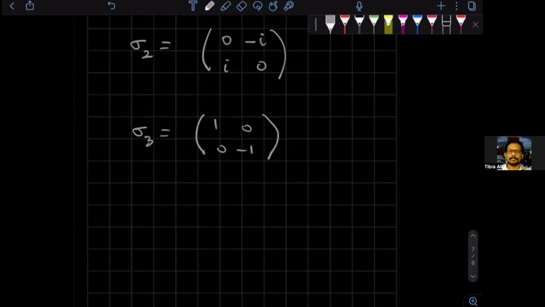The Pauli matrices have a famous commutation relationship. Let me just use a, b, sorry. The commutator of sigma a, sigma b is equal to 2i epsilon abc sigma c.